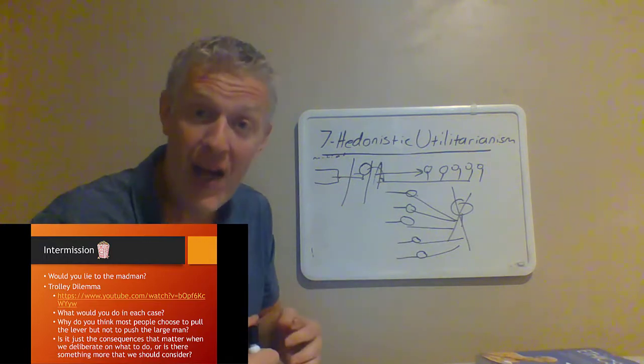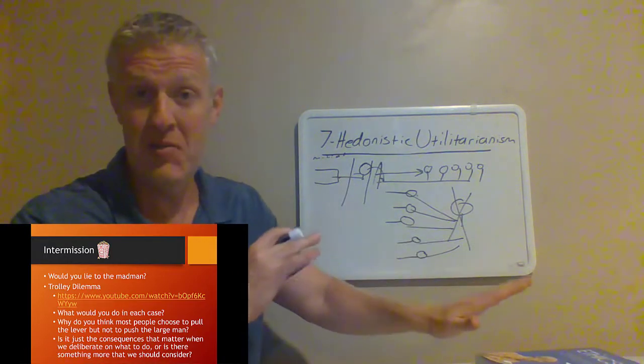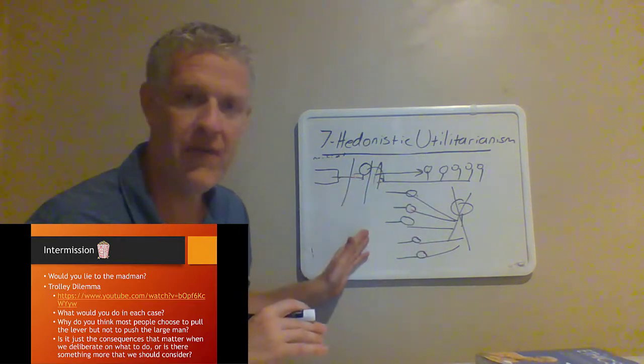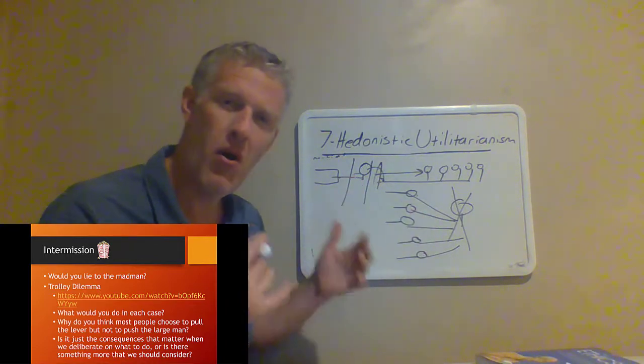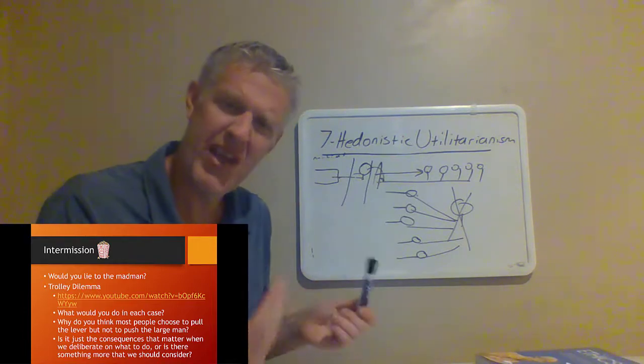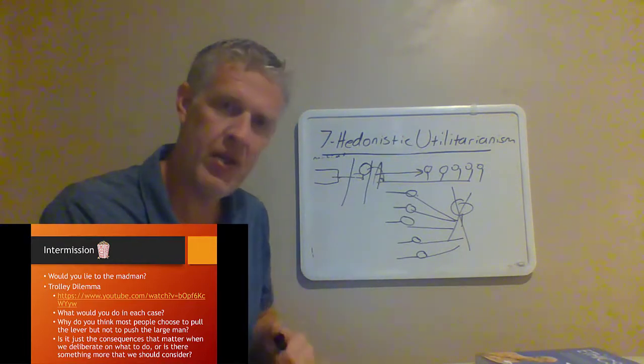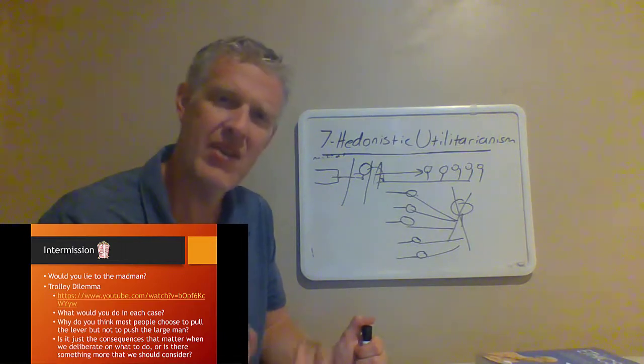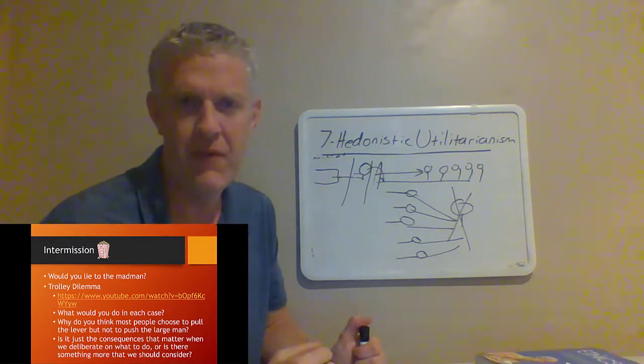A lot of people are reluctant to do that. But what is the difference between that and this, and then that, and the lever example? Are they not all underneath it the same? Do something that kills 1 but saves 5. If they're not all essentially the same, what is the relevant difference?